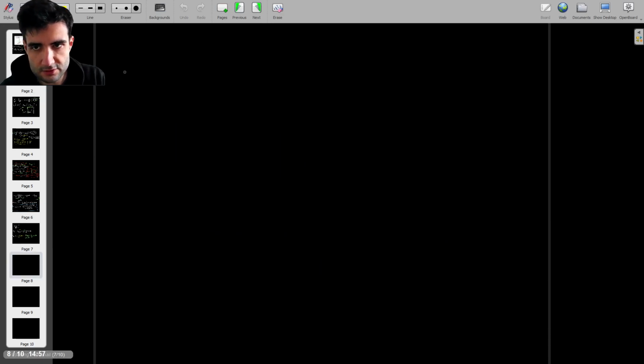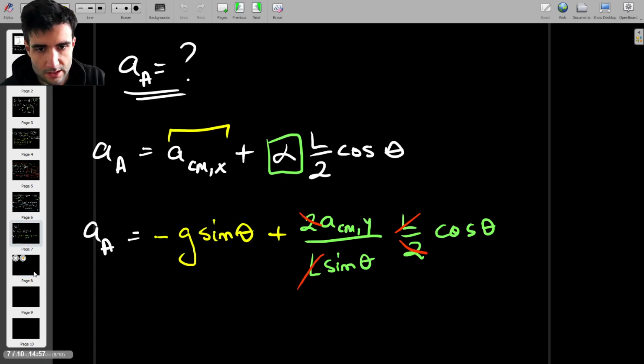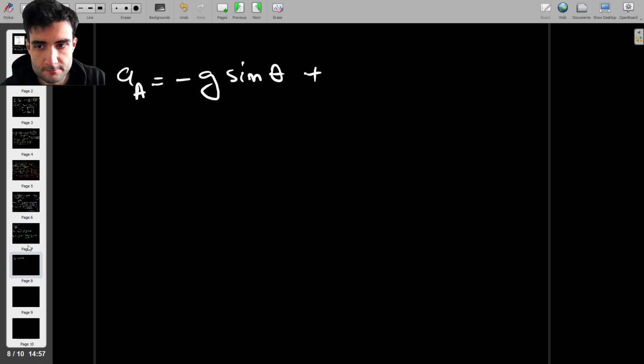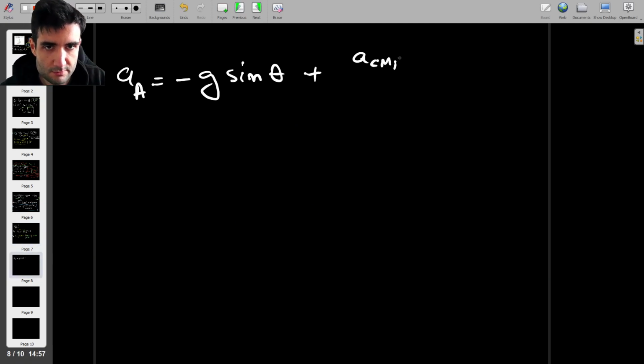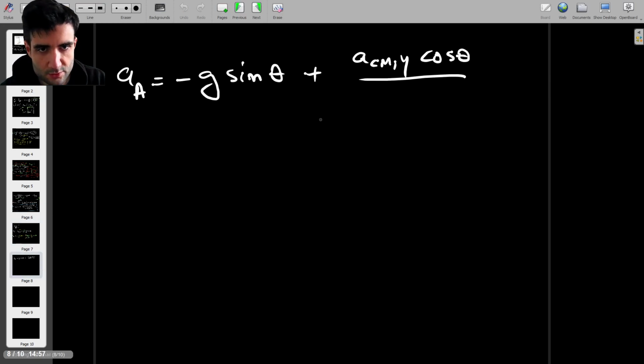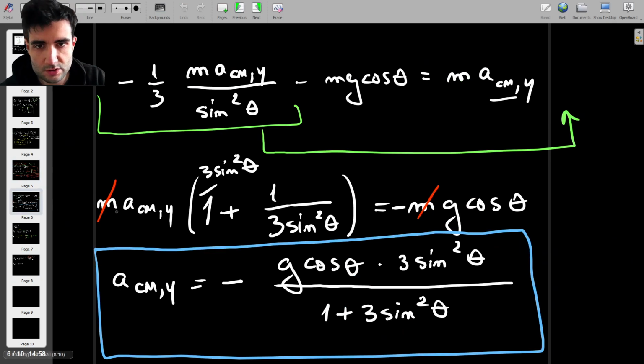which will leave us with the fact that the acceleration of A is going to be minus g sine theta, and then plus a_CM,y cosine theta, and it should just be sine theta on the bottom. And the only thing left to do is we just substitute this with what we found it to be equal to, which was this big expression.